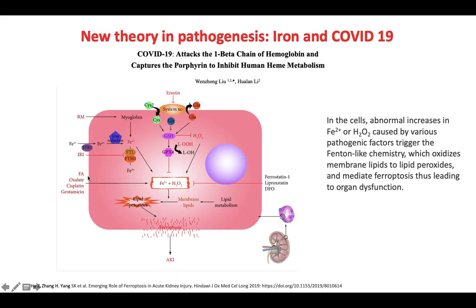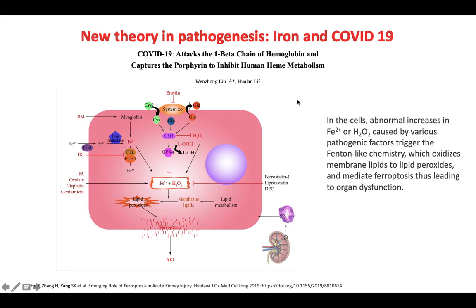Then recently we got one newly proposed theory linking COVID-19 to the beta chain of hemoglobin. Hemoglobin has four heme molecules, and each heme has one porphyrin with iron in the Fe2+ state. This is what helps in carrying oxygen to the cells.